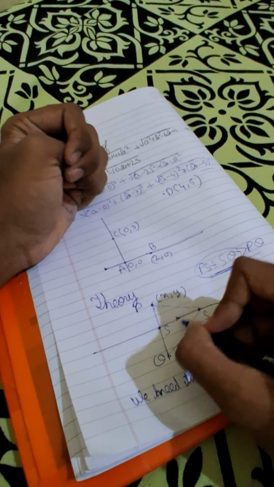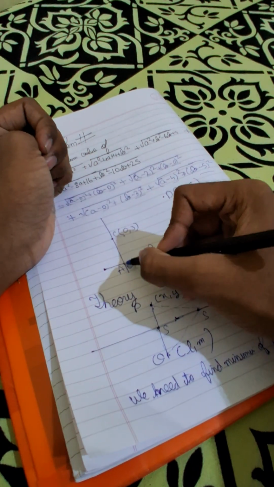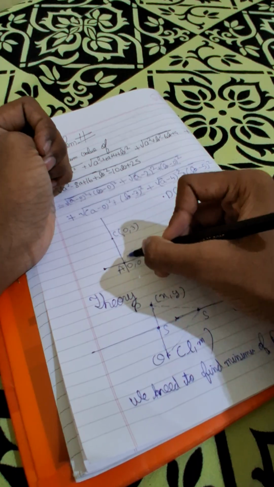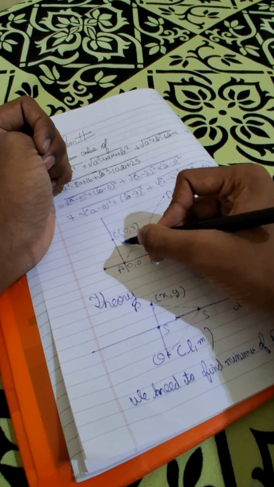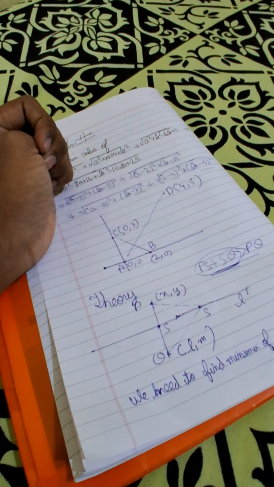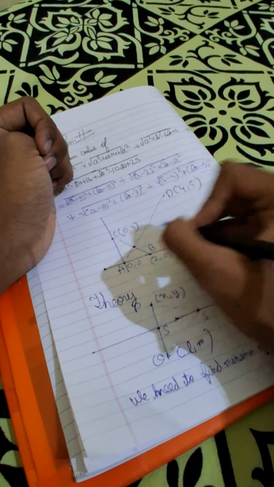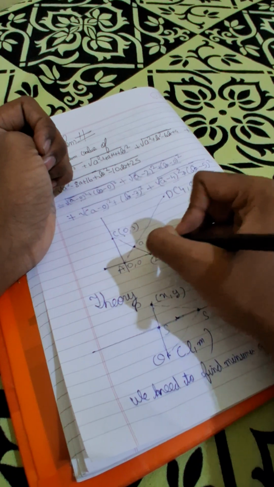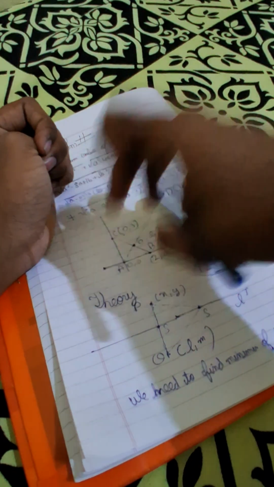S should be here. So similarly, if we go back to this problem, if I join the points A, D and B, C, the point should basically be here, (a, b), the intersection of this line AD and this line BC.